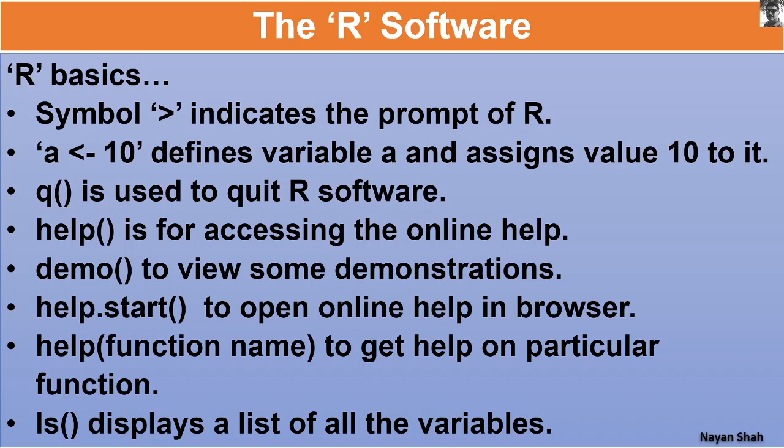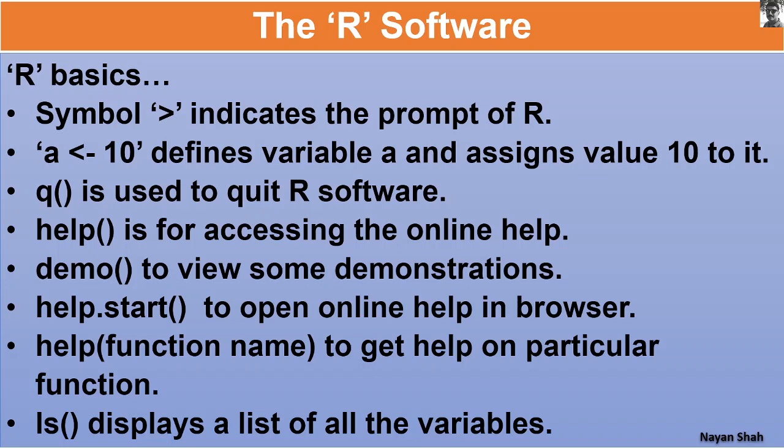The help function is for accessing the online help for R software. The demo function is to view some demonstrations given by R software. help.start is to open online help in the browser. The difference between help and help.start is that help gives you help in the R environment only, but help.start opens online help in the browser.